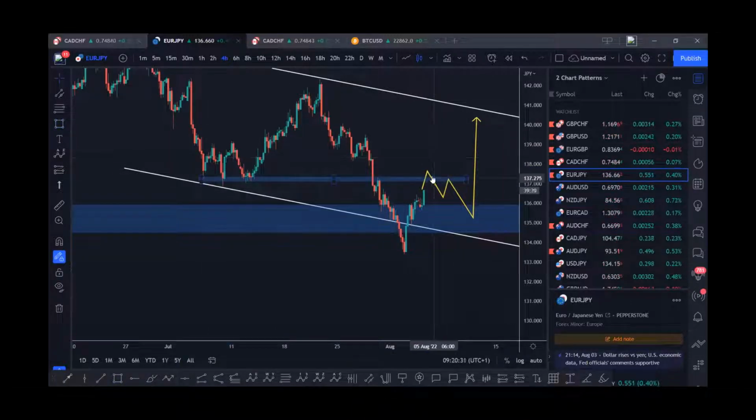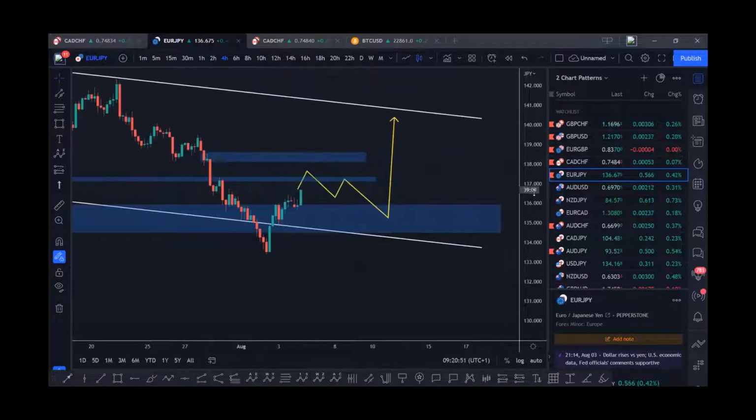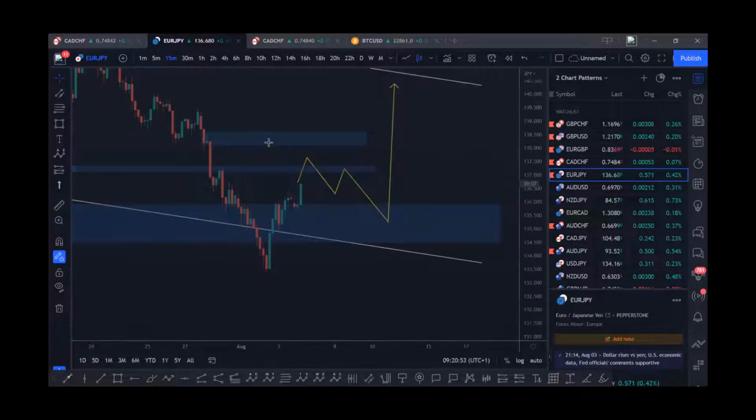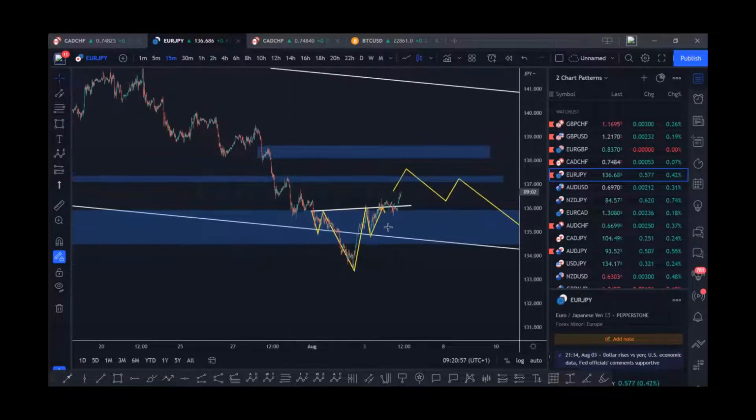So just take it to around here, or maybe even here, because price might actually fill up this big candle here and even go to 130 before we start seeing the correction. But I know we're definitely going to see a correction. So just take good profit from here. And yesterday I talked about this head and shoulder, right?